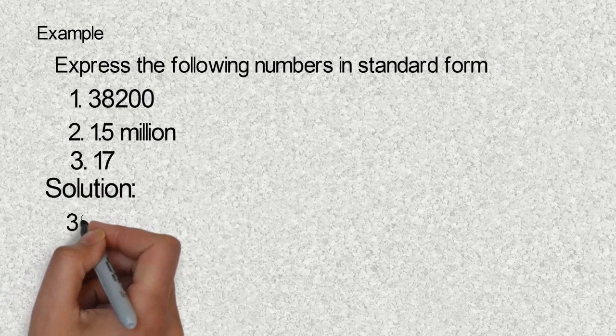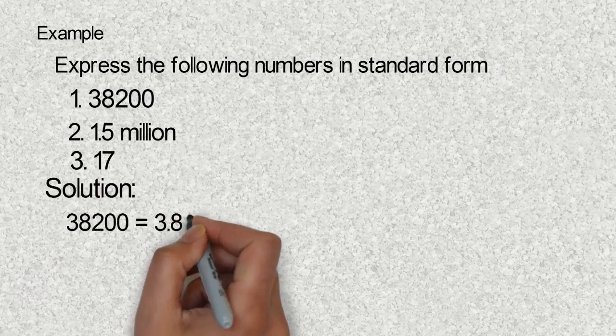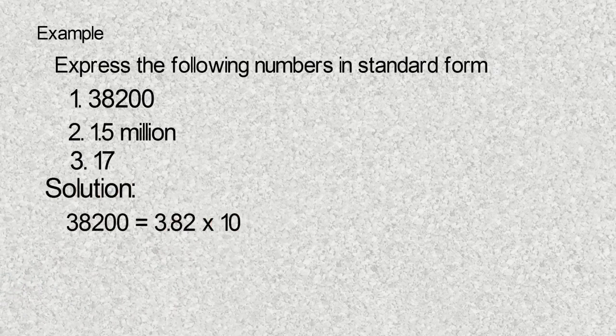Solution for 38,200. Anytime you are expressing numbers without decimals in standard form, I start my reverse counting from the right to the left, to the last digit. Getting to the last digit, you put the decimal in front of it.